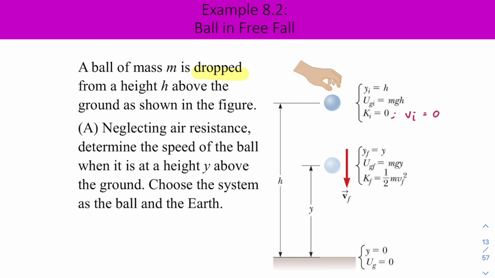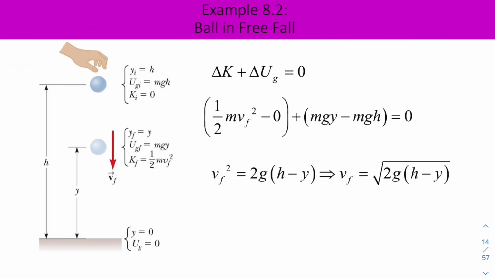So now your y final is y from the ground, and the gravitational potential energy final is equivalent to mgy. And here the ball does have a kinetic energy because it has V, so it's equivalent to half mv final squared. Whenever the ball reaches the ground, the y here is 0, therefore the UG is also 0.